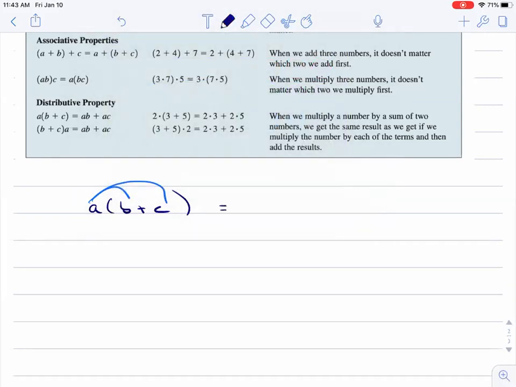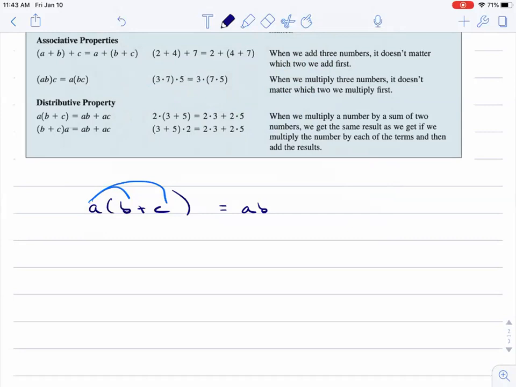So if I do that, then I get A times B. We can write that as AB. Usually I don't bother with the multiplier, if you like to use an X or a little dot. But if we're just multiplying variables especially, then I just skip those.